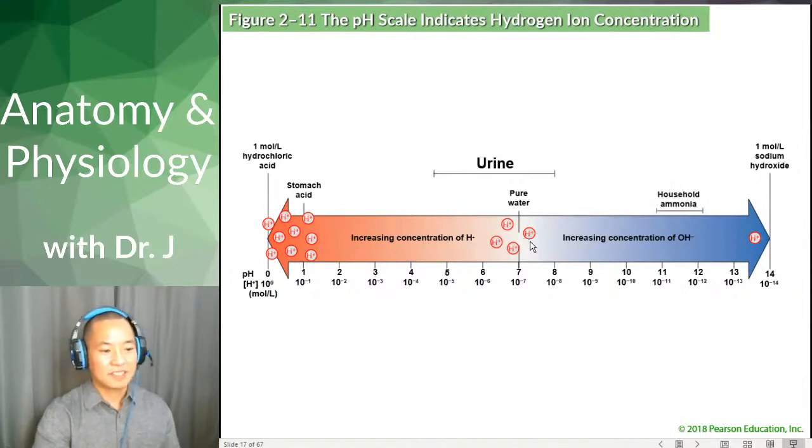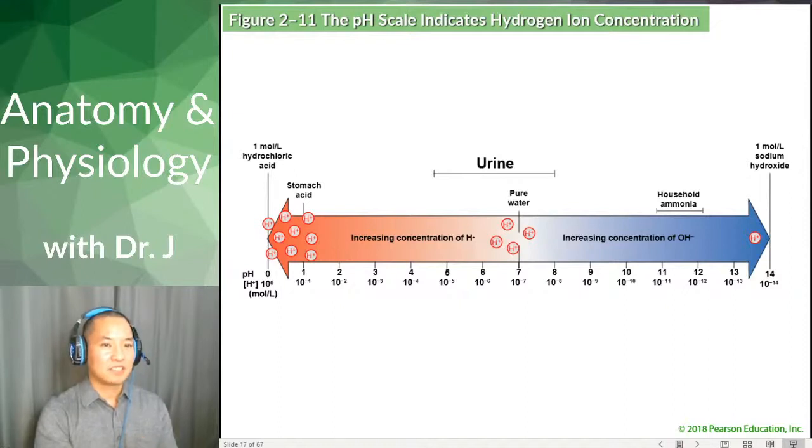But why is this a normal range? Well, this is household ammonia, which you won't normally find in your body. But if you have what's called a UTI, a urinary tract infection, some bacteria actually like to take a compound that you produce all the time. The compound is called urea, and they do something called urea splitting.